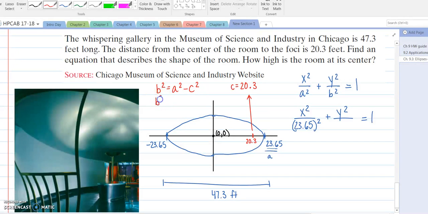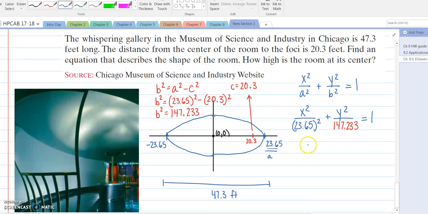So in this case, b squared will equal 23.65 squared minus 20.3 squared. We can use our calculators to calculate that, and it will end up being 147.233, and that's for b squared. We might as well just leave that as b squared instead of doing double the work.